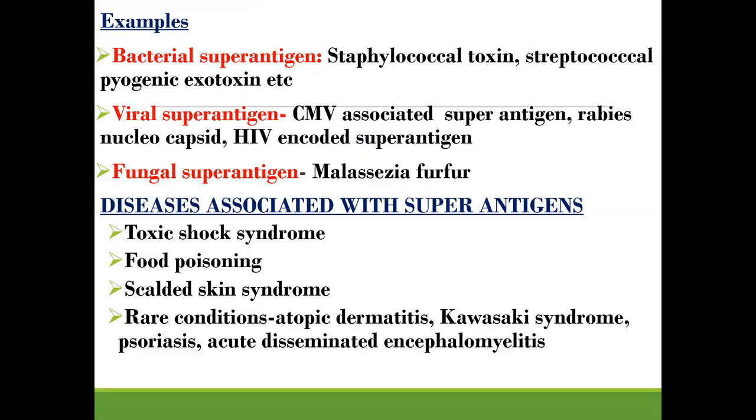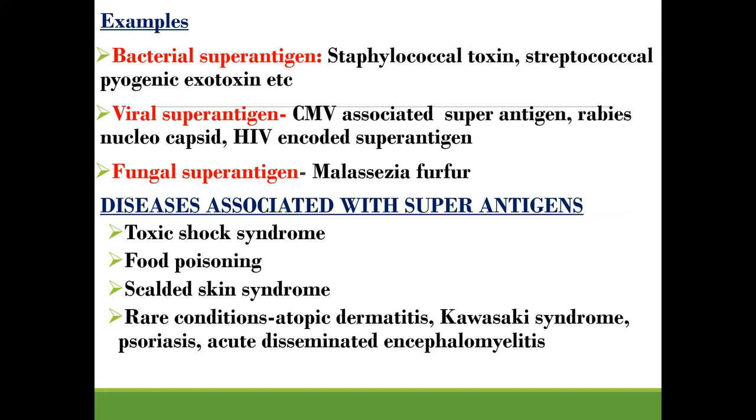Examples of superantigens are staphylococcal toxin and streptococcal pyogenic exotoxin. Viral superantigens include CMV-associated superantigen, rabies nucleocapsid, and HIV-encoded superantigen. Malassezia furfur is an example of a superantigen.